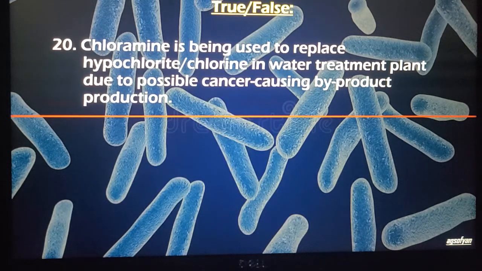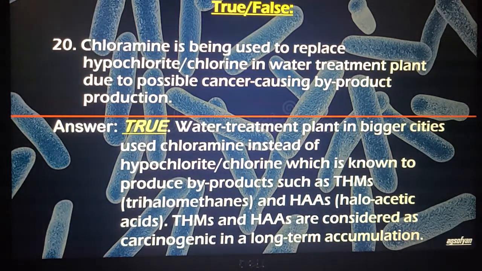Number 20, chloramine is being used to replace hypochlorite or chlorine in water treatment plant due to possible cancer-causing byproduct production of using chlorine. It is true or false? Choose your answer. It is true. Okay, so water treatment plant in bigger cities, usually they change from chlorine into chloramine.